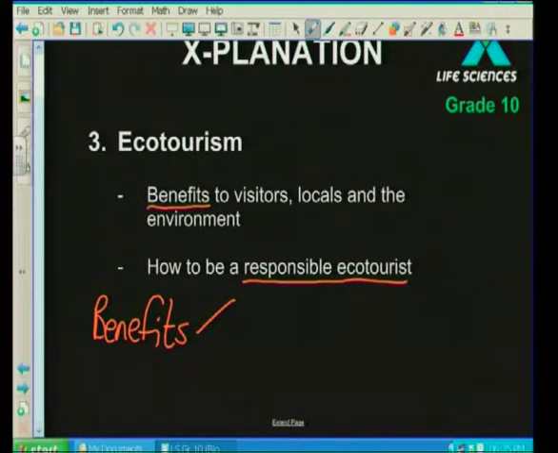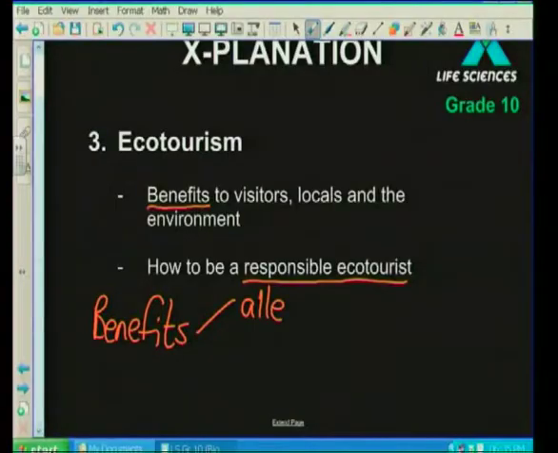Now, the first one, we benefit as a visitor, we benefit as locals, and our environment benefits. Now, the first thing is that it helps to alleviate poverty. Now, alleviate means that it will reduce poverty, or it can help to reduce poverty.